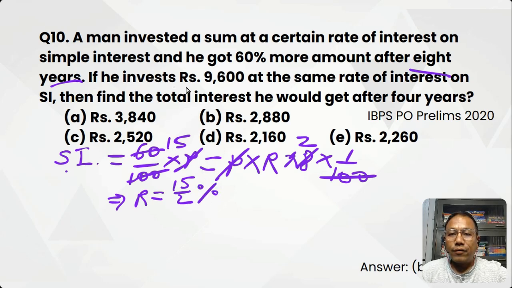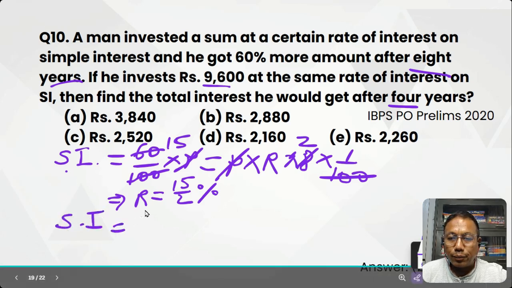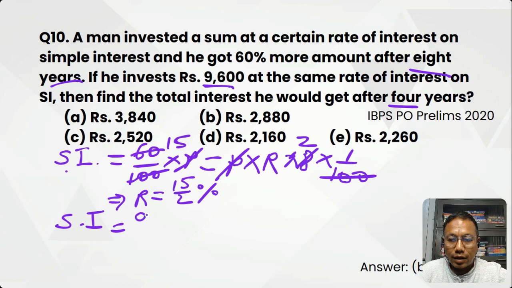If he invests rupees 9,600 at the same rate of interest on SI, that is simple interest, then find the total interest he would get after 4 years. T is equal to 4 years. Simple interest is equal to PRT by 100. What is P here? 9600. What is R? R is 15 by 2.